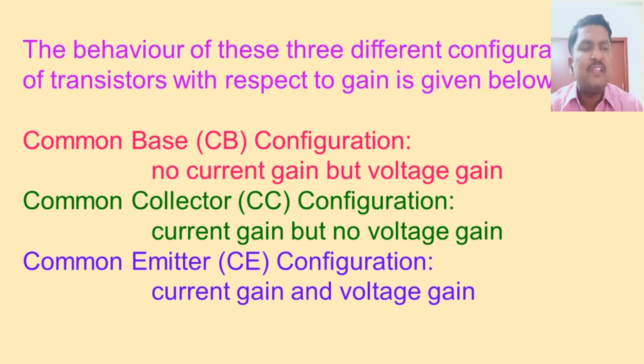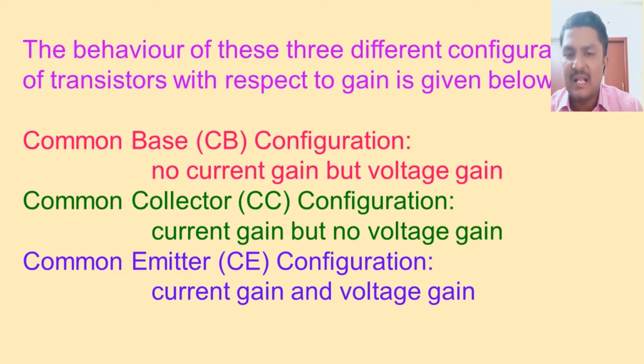The behavior of these three configurations with respect to current gain and voltage gain we discuss. In common base configuration, there is no current gain, but there is voltage gain. That we discuss in detail later. In common collector configuration, there is current gain but no voltage gain.